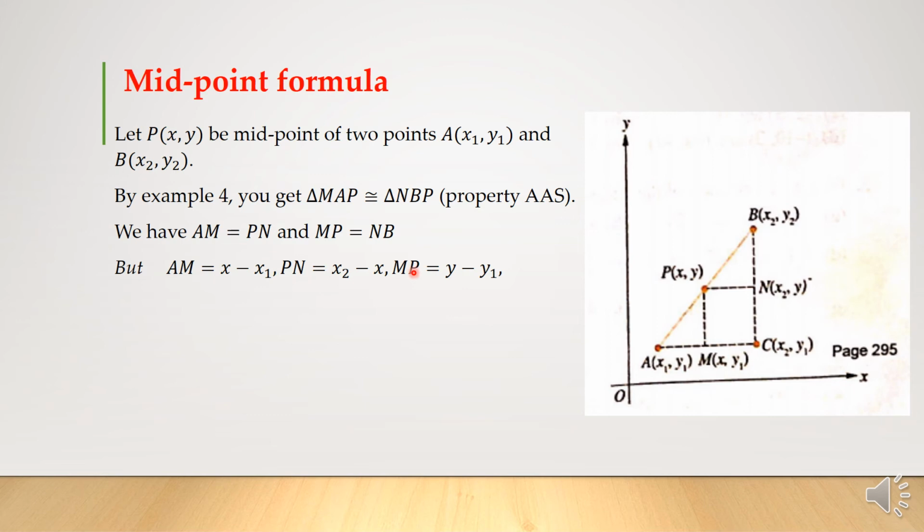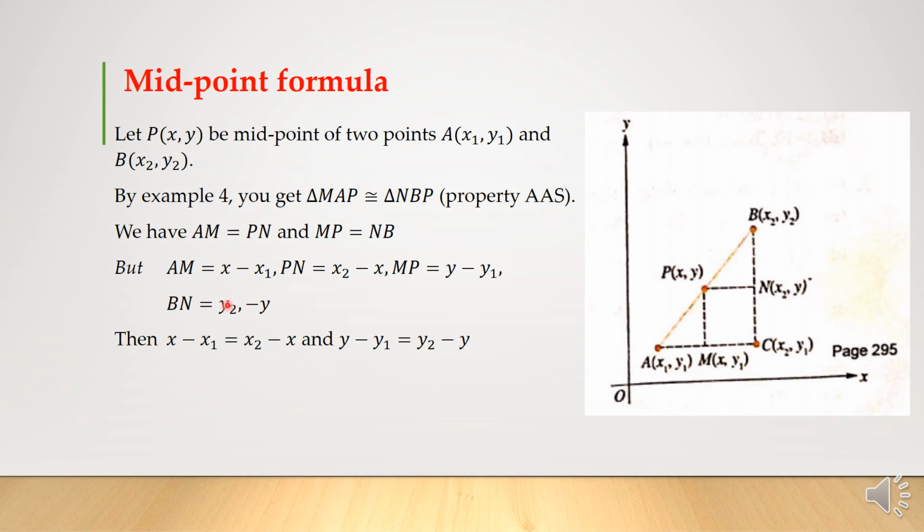And for MP, oh sorry, the value h is the same, so you take y minus y1, yeah, for MP. And then for BN, the value is the same, so you take y2 minus y, yeah.